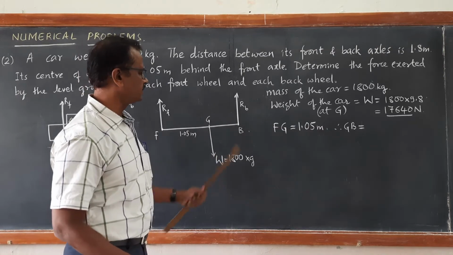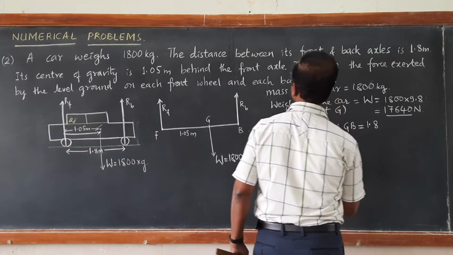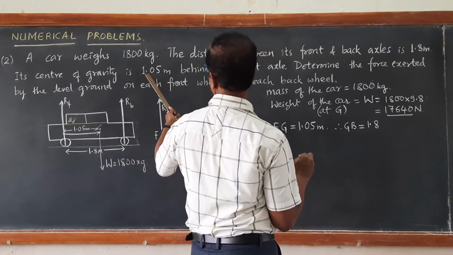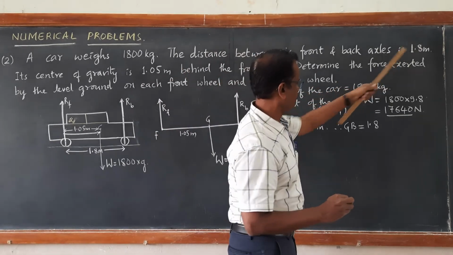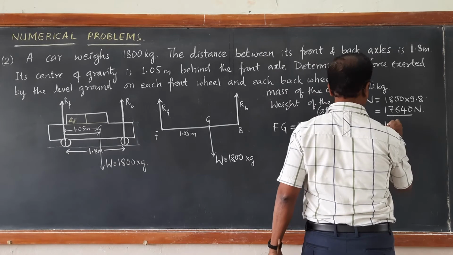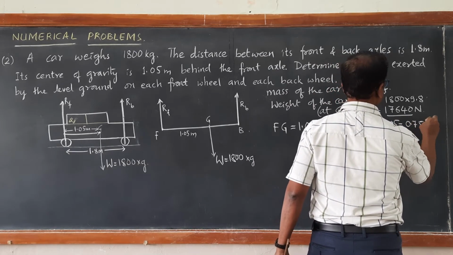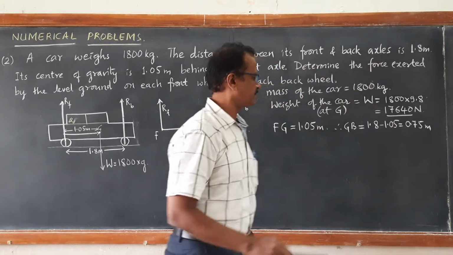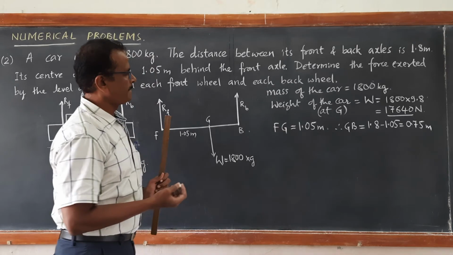What is the total distance? Total distance is 1.8 meter, given here. 1.8 meter minus 1.05 comes to be 0.75 meter. That is 75 centimeter. So these are helpful for calculations.